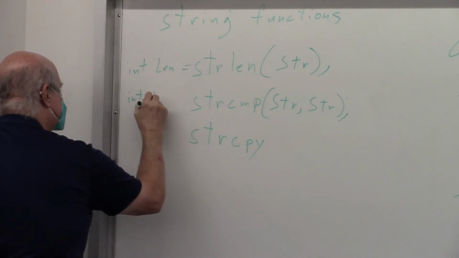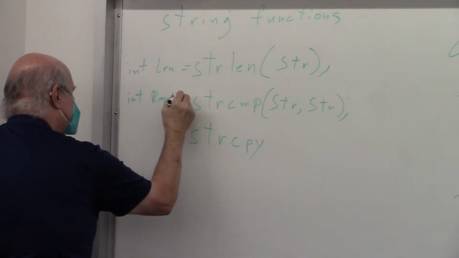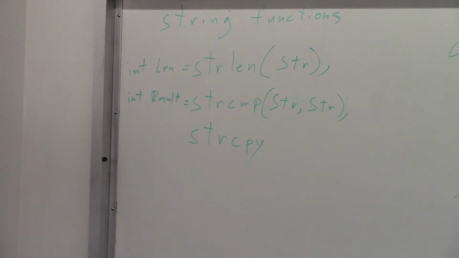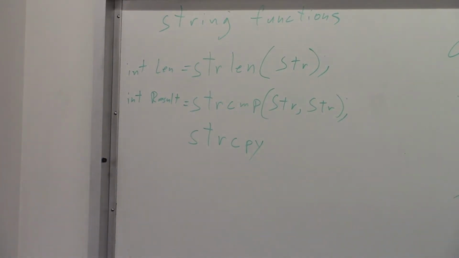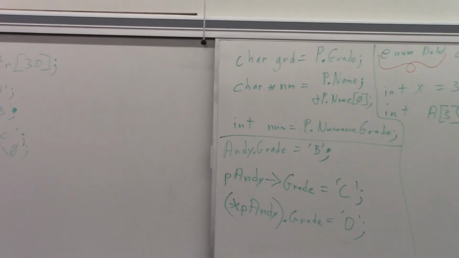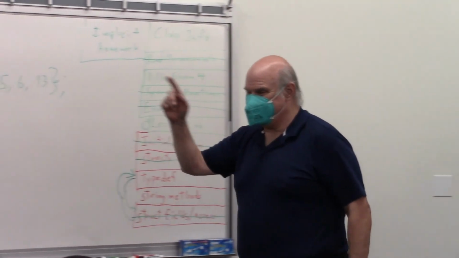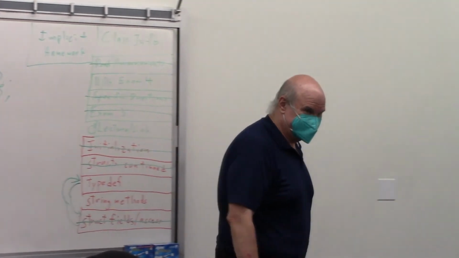It also returns an integer, and it returns an integer that indicates not quite true or false. Is it 1 and 0? That's like true and false. Returns a 0 if the 2 things are equal.